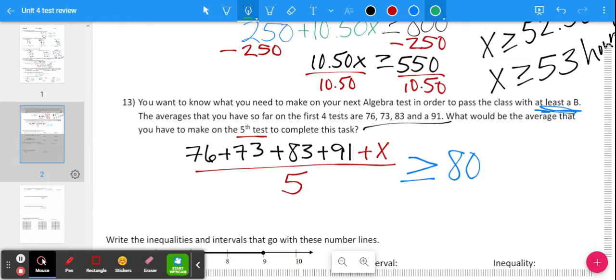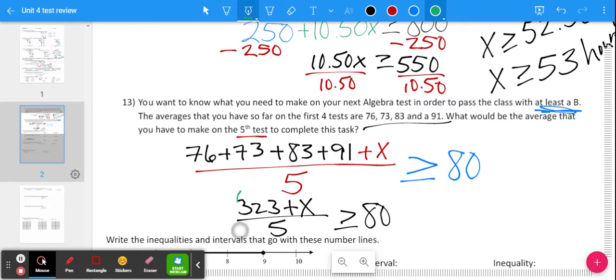So in order to solve this, you have to combine your like terms. I'm also going to get rid of the denominator in the process. So I can do 76 plus 73 plus 83 plus 91, and that gives me a simplified 323 plus x divided by 5 is greater than or equal to 80.